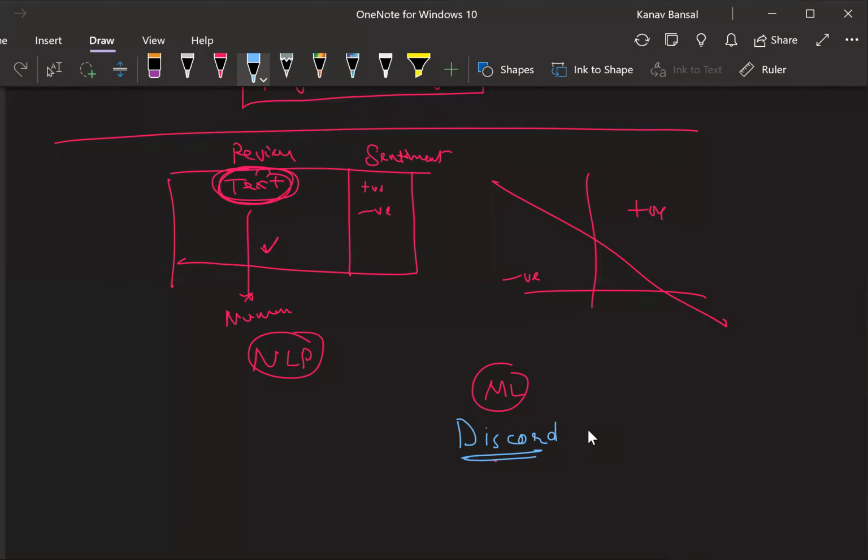Sandeep, no, I don't think it will be possible. It actually takes a lot of time to arrange all these things. Next week I will be busy with some other stuff, so it will be very difficult for me to extend the sessions.